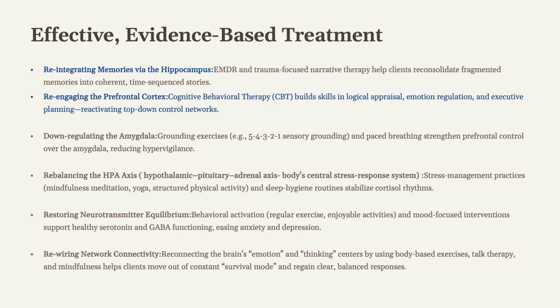So I'll skip over that one and go right to re-engaging the prefrontal cortex. As we just spoke about, the prefrontal cortex is in charge of critical thinking and executive functioning. One of the things you want to help the client do is gain control over that, because they're not engaging that part of their brain.